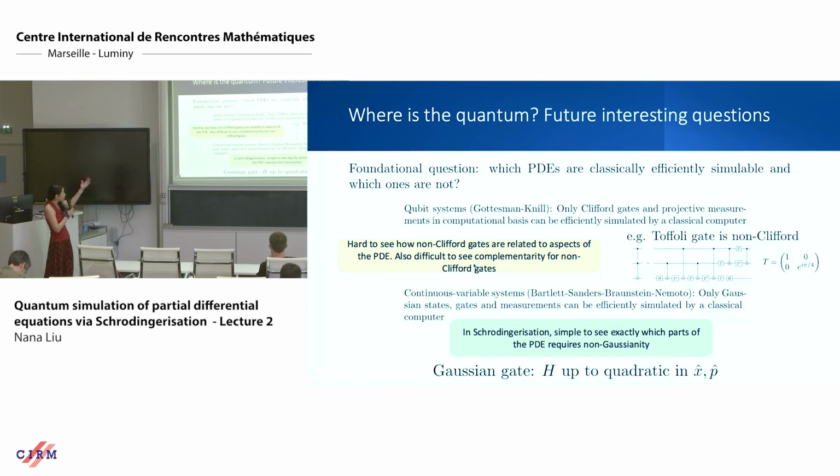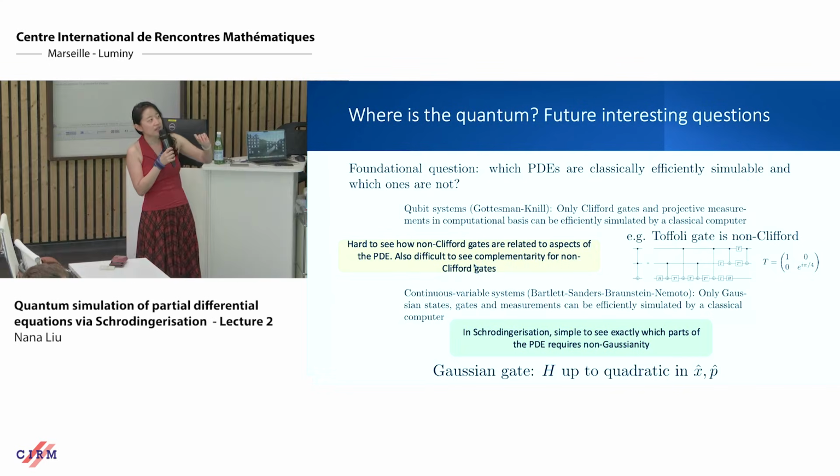So if we look at the qubit base, say we discretize everything already, then for qubit-based systems, there's something called the Gottesman-Knill theorem. I can't remember, has the Gottesman-Knill theorem been covered in these lectures? No? Okay.